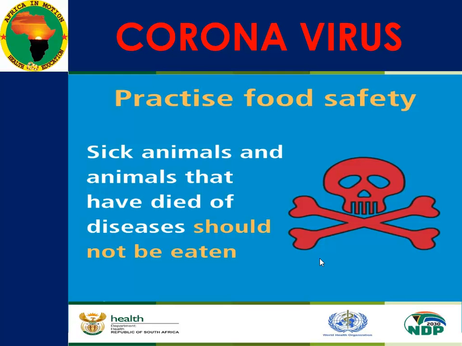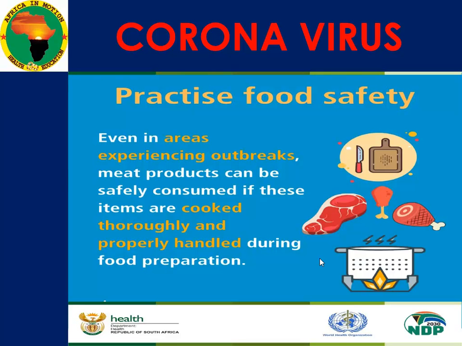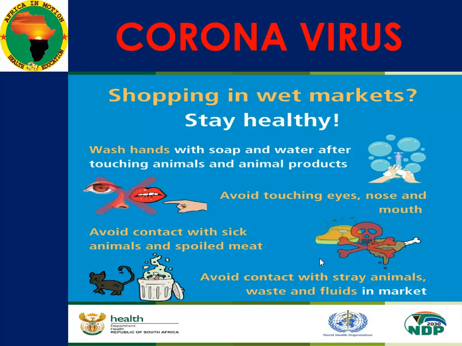And again, animals that are dead or sick are not to be consumed. And even in places where there is outbreak and there is meat and they feel they need to eat it, if they decide, it should be cooked thoroughly. The researchers have shown that they can cook them and cook them well.